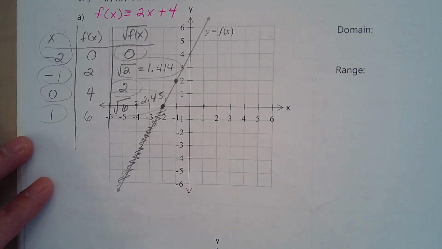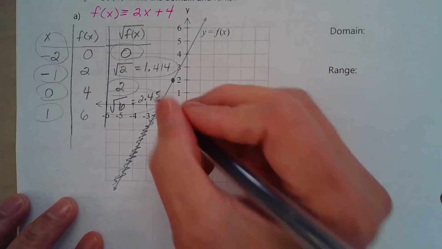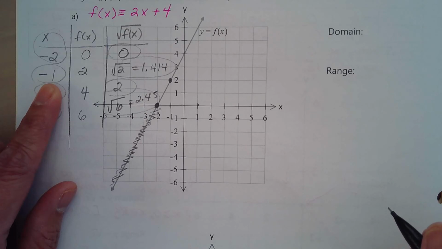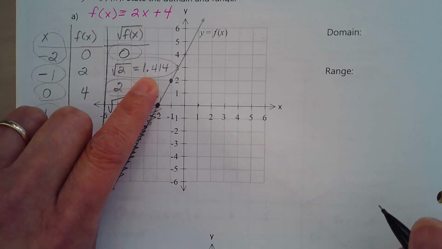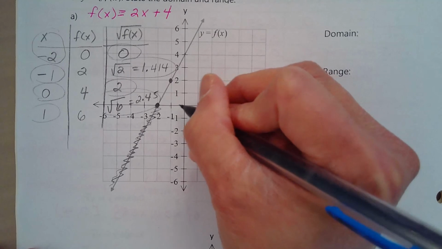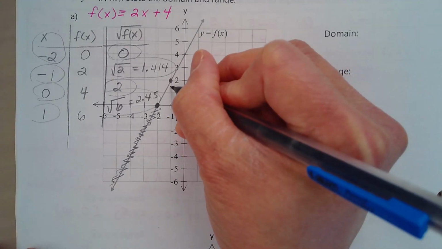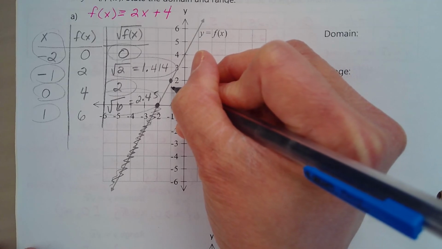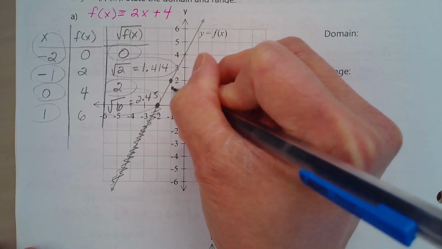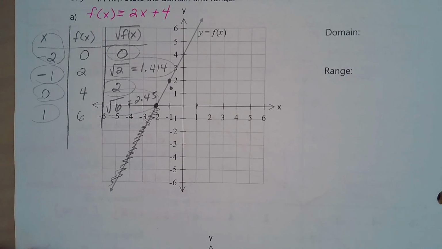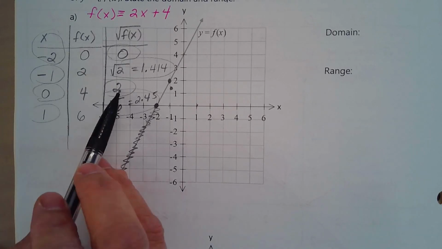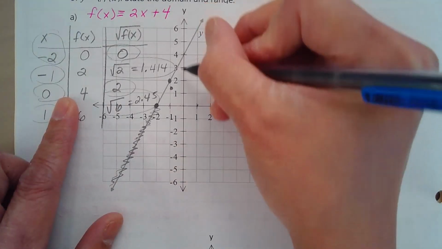The first point is -2, 0, so that's this one. -1 is going to give us 1.414, around there. 0 is going to give us a 2.